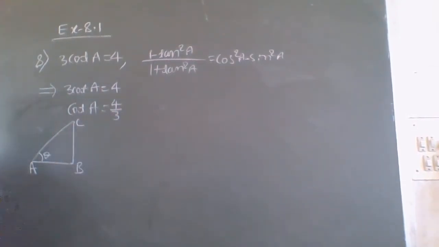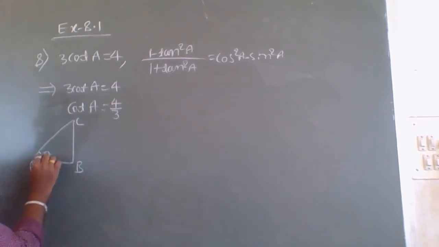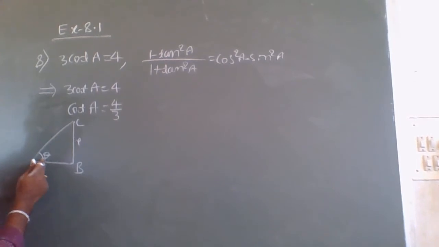Always, the side opposite to theta is the perpendicular, the side adjacent to theta is the base, and the side opposite to 90 degrees is the hypotenuse.